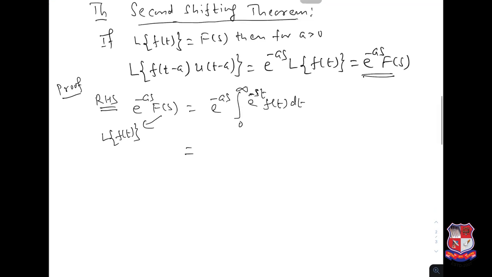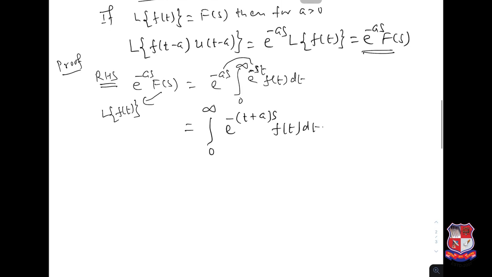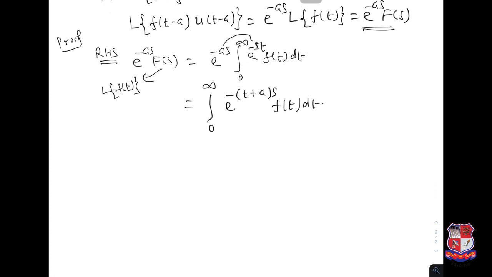So this is equal to integration 0 to infinity, we take minus as inside, so e to the power minus (t plus a)s f of t dt. Now let us take, say, t plus a equal to, say, b, then dt equal to db, and change the limits also.